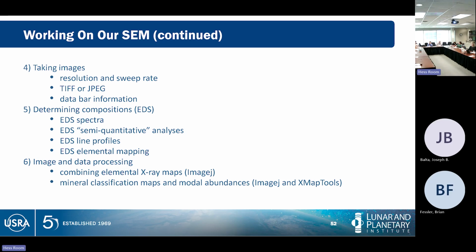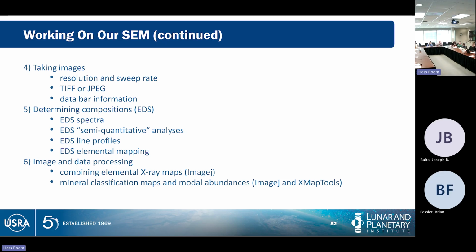Once we've set all these settings, we zoom in to the level we want. We adjust the focus so that we are now focused on our image, fixing any stigmatism if needed. Hopefully it's not today, although you get to play with that. And then you adjust your brightness and contrast to bring the feature of interest into the field of view that you want.